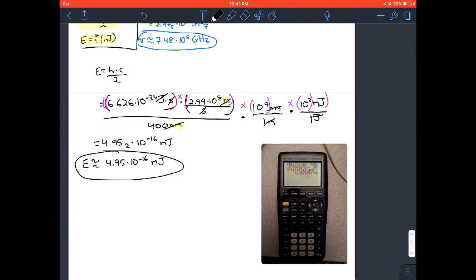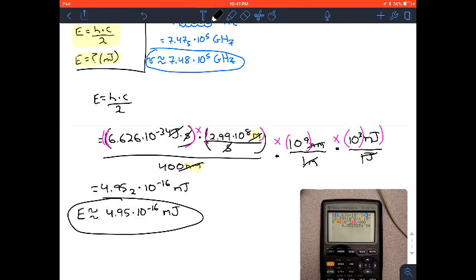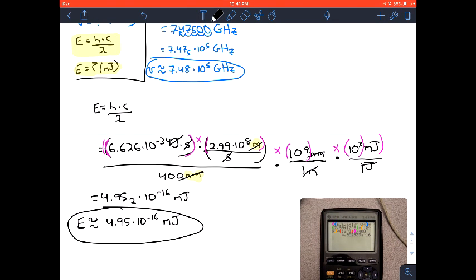Okay, so a little bit longer step. We had to convert nanometers to meters, joules to millijoules, but really the process is all the same. Once you figure out one step, you just take it one step at a time. Don't try to solve the whole problem at once. Only look at it bit by bit.